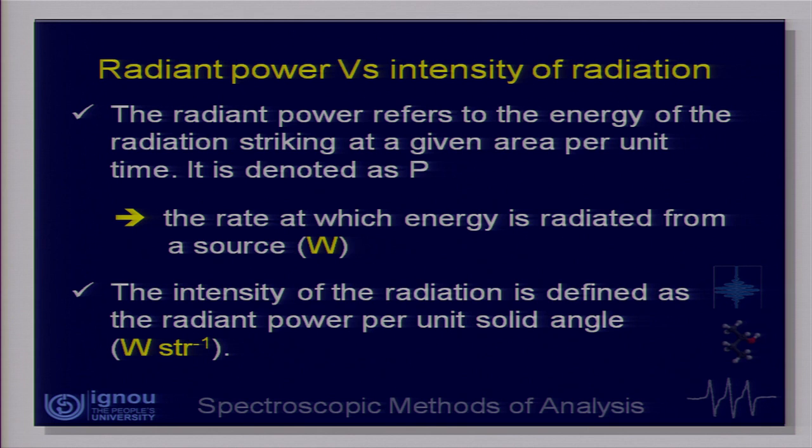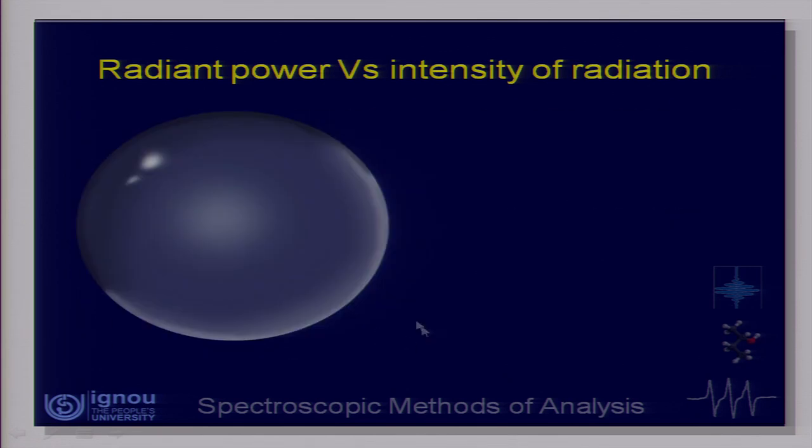As against this, the intensity of radiation is the radiant power per unit solid angle, and it is given in terms of watt per radian. Let us understand the difference between the two. Let us look at this picture. I am just showing you a sphere here.